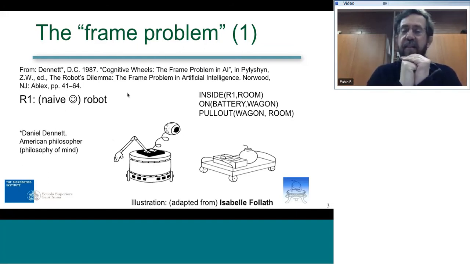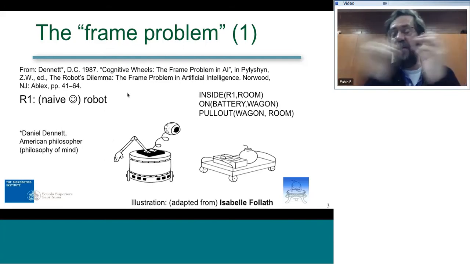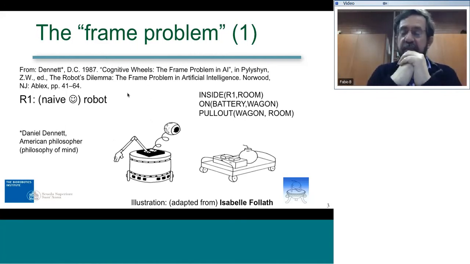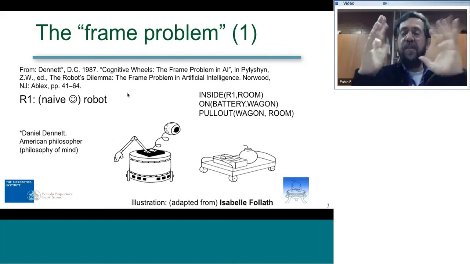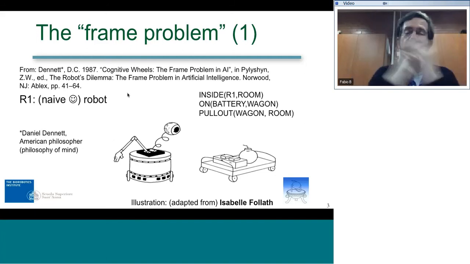Let's think that we have a robot which lives on a battery, and the recharge battery is in a room on a small wagon, together with a bomb, and the robot has to recover the battery without letting the bomb explode. So how would the so-called good old-fashioned AI paradigm approach this problem?